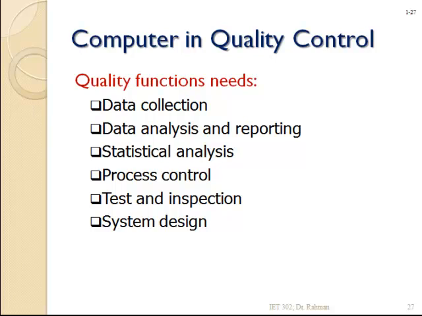And after we report, then we have to maintain the statistical analysis, and based on that we control our process, and we test and inspect, and we lay down our system design. So here, using the computer in the quality control area, we maintain the six functionalities that begin with data collection and end with laying out a system design to improve the quality.